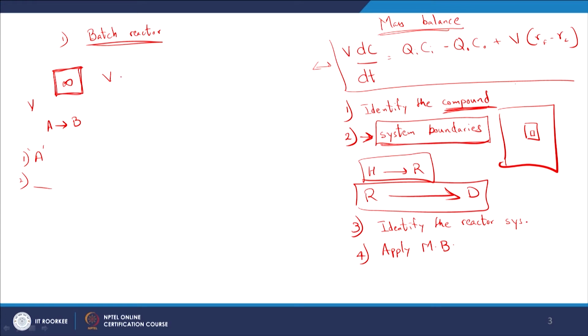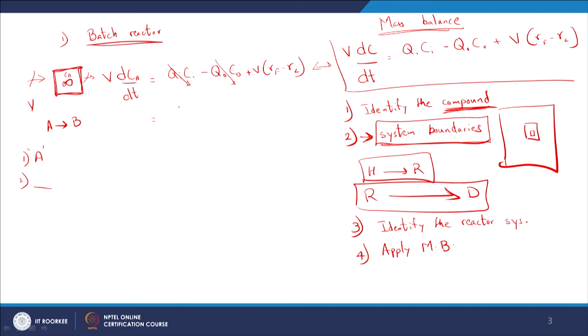Then apply the mass balance. It's V dC by dt, where C is the concentration of compound A within the reactor and V is your volume, equal to Qin Cin minus Qout Cout plus volume into rate of formation minus rate of loss. But now this is a closed system, as in there is no flow coming in and no flow going out. What does that mean? That means that the first two terms are irrelevant.